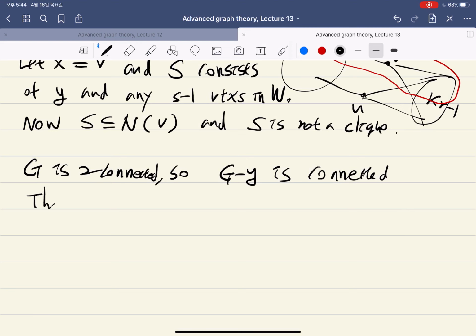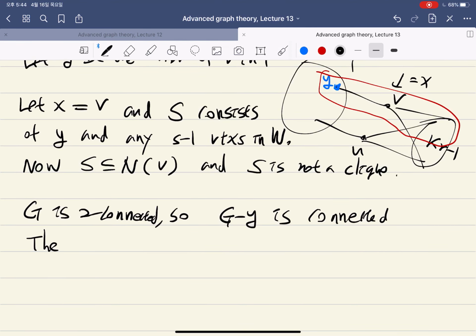And now we are showing that after deleting S, the graph is still connected.